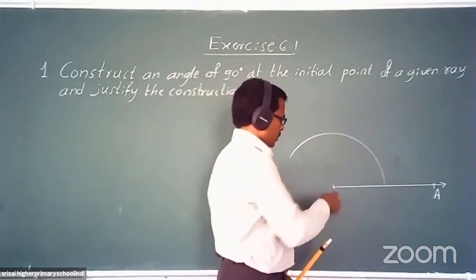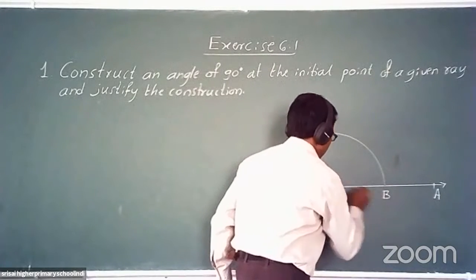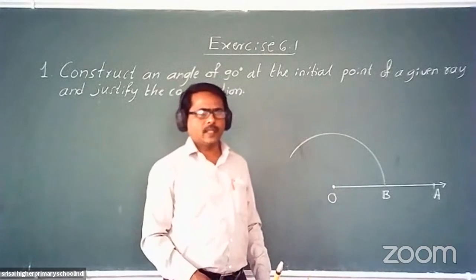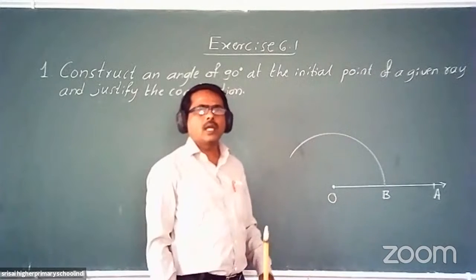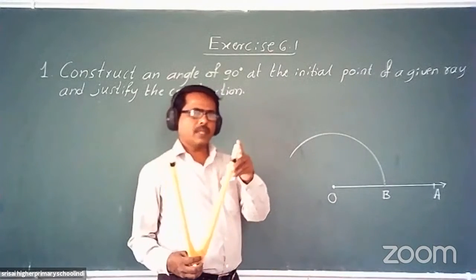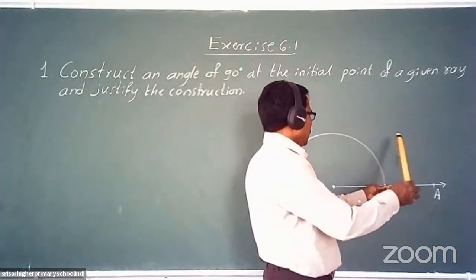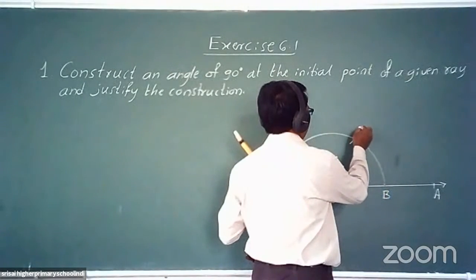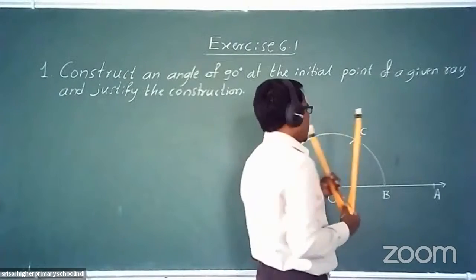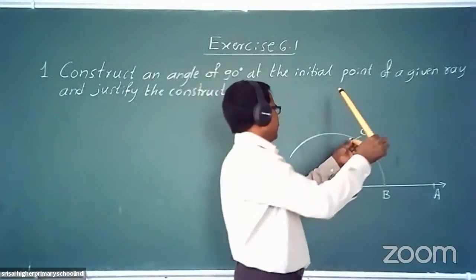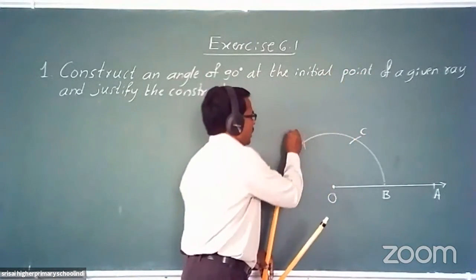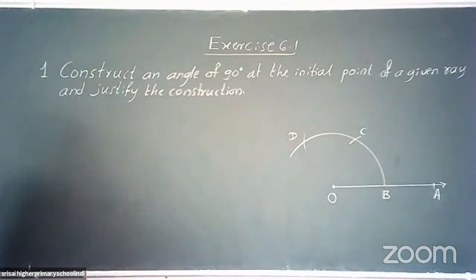Let this arc cut OA at B. Then keep the fixed arm of the compass on B, cut the previous arc. Let this point be C. Then keep the fixed arm of the compass on C, again cut the previous arc. Let this point be D.